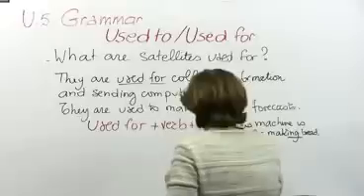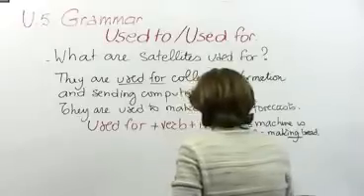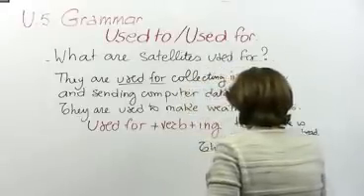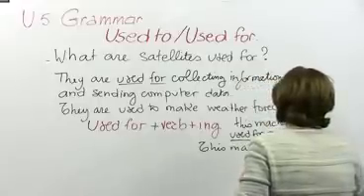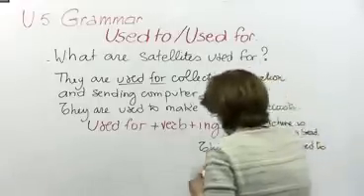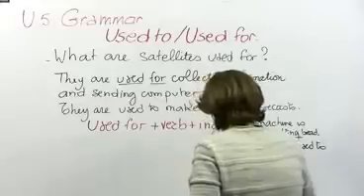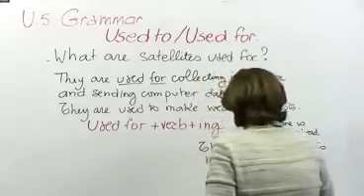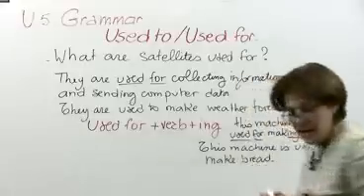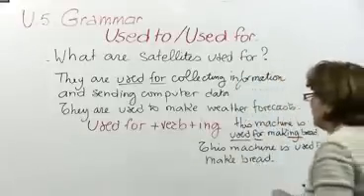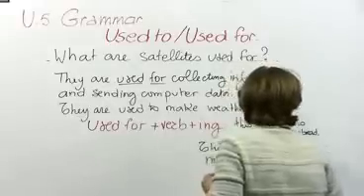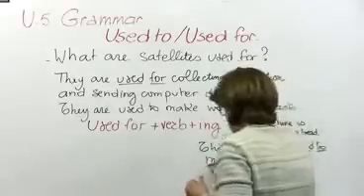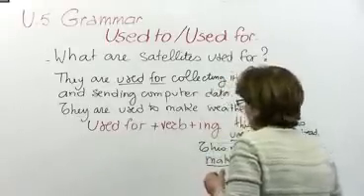We can also say this machine is used to make bread. So, as you can notice, you have the verb used to plus the verb in the infinitive.